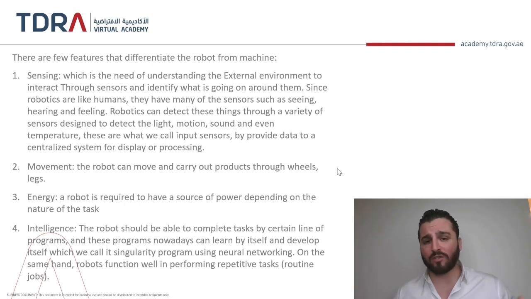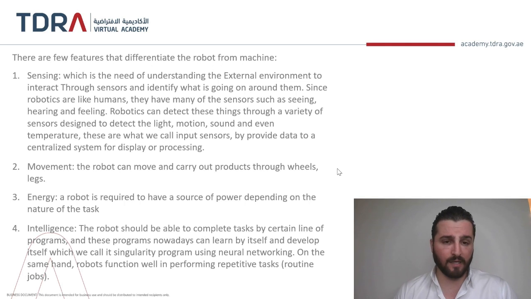The robot can detect all these kinds of actions or objects through particular kinds of sensors, detecting light, motion, sound, and so on.